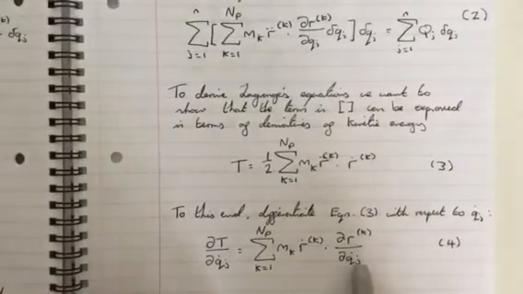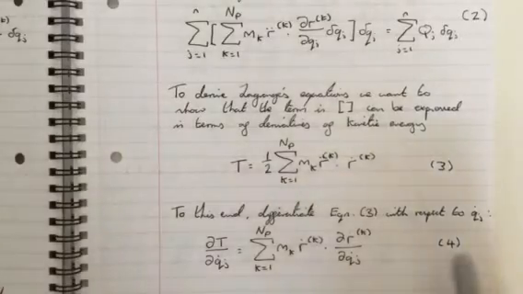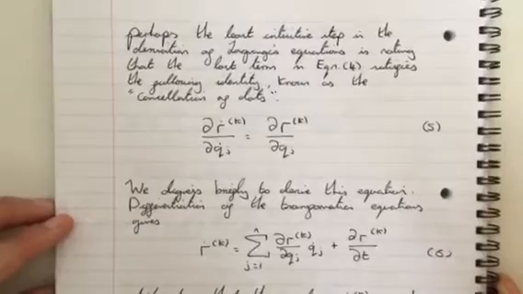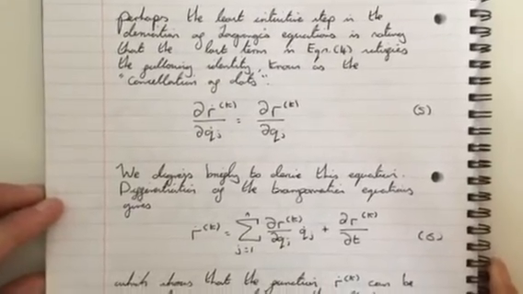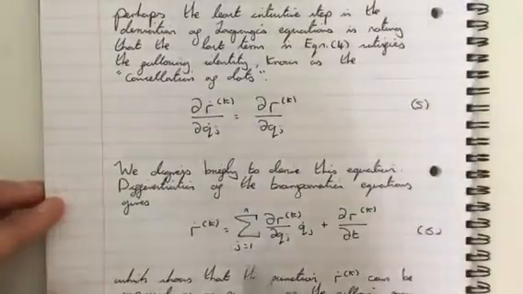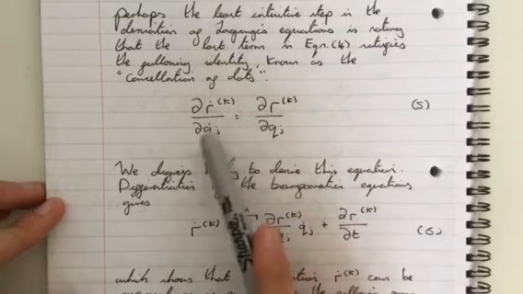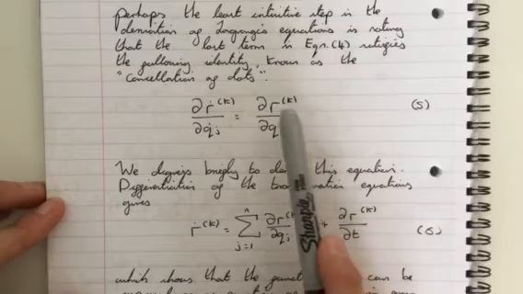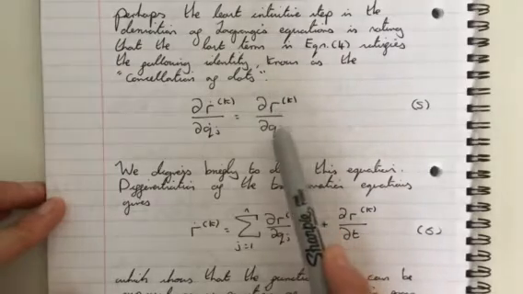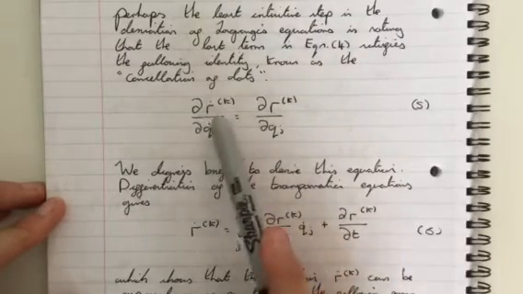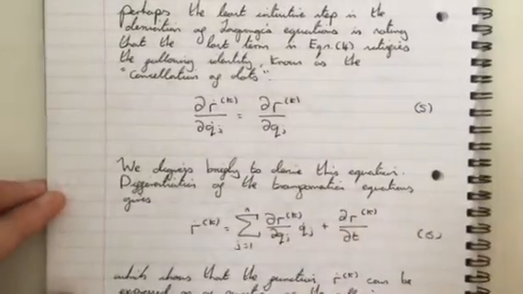This last term, this partial derivative, will satisfy the cancellation of dots, which I find a really neat tool in calculus. It's really clever. It basically says that the partial derivative of r dot with respect to q dot equals the partial derivative of r with respect to q. You basically just get rid of the dots and they're still equal.